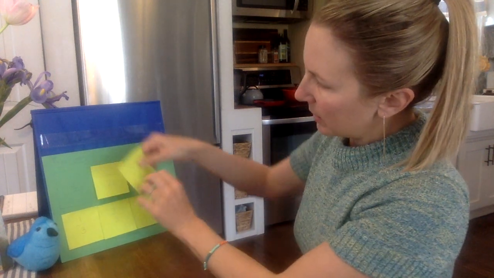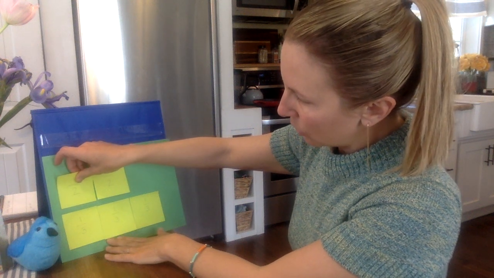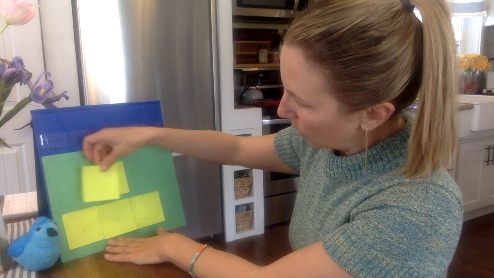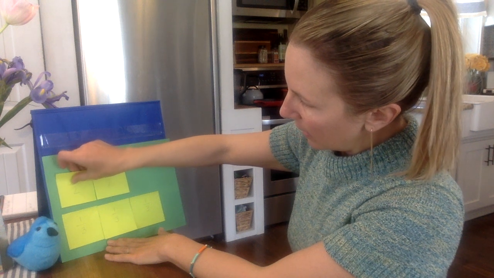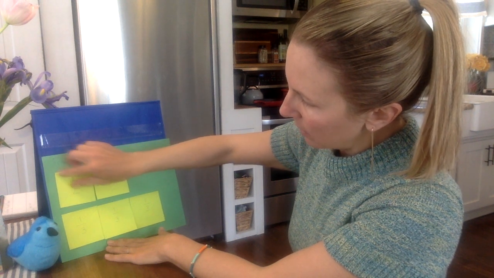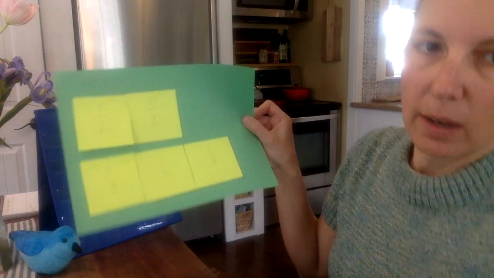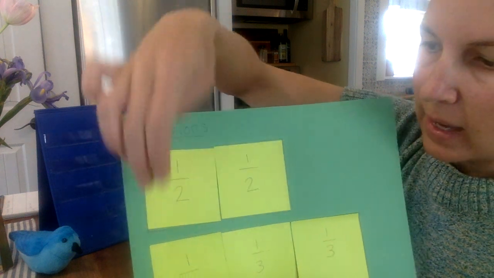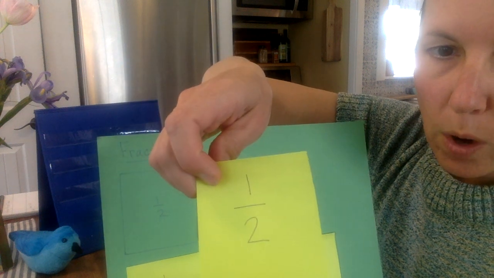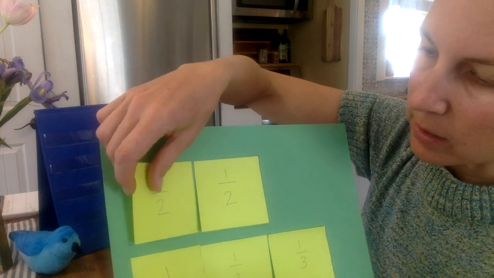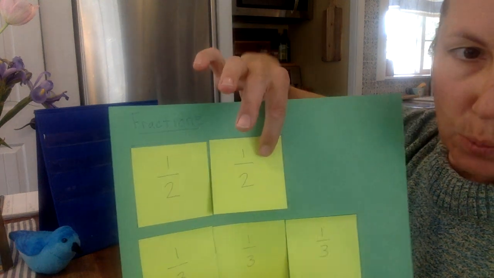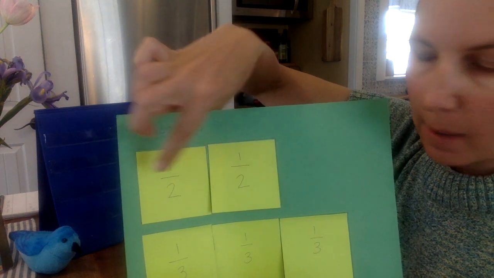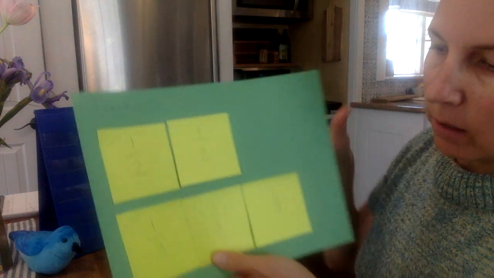If I were to cut that rectangle into two equal parts, then I can show that by having a 2 at the bottom of each of my fractions. That shows that there are two equal parts, and then I name each part by saying this is one of two parts, and this is one of two parts that make up the whole rectangle.